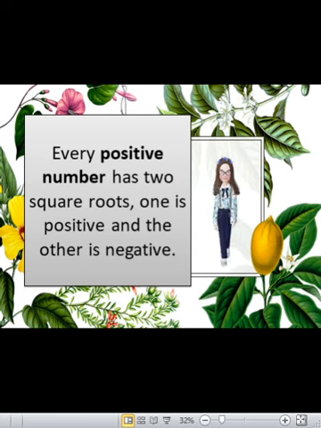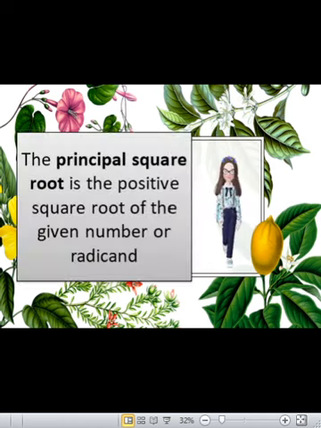Again, every positive number has two square roots, one positive and the other negative. But when we say principal square root, it is the positive square root only of the given number, or radicand. The number inside the square root symbol is what we call the radicand.